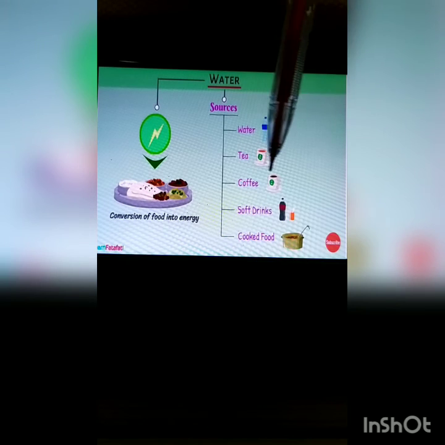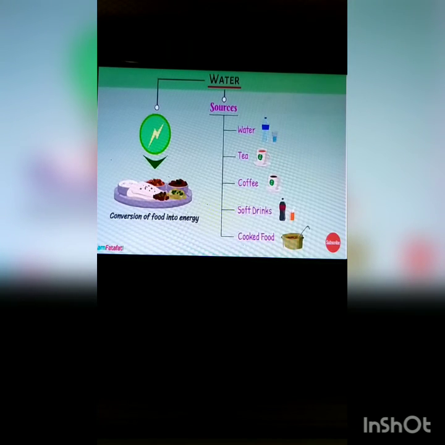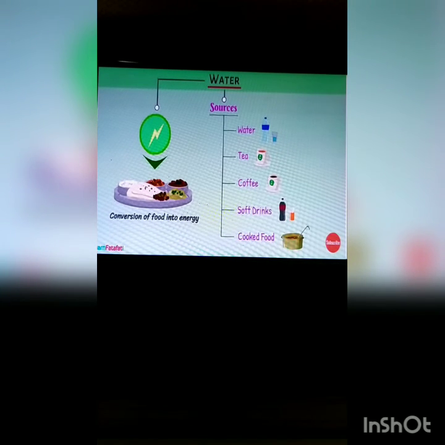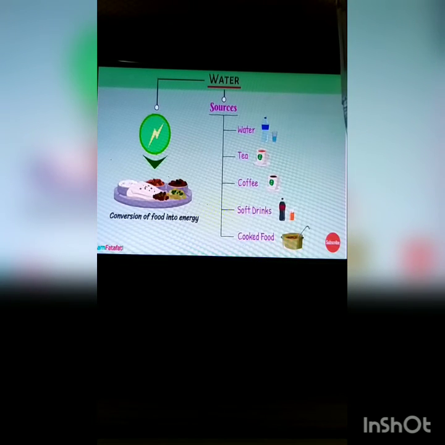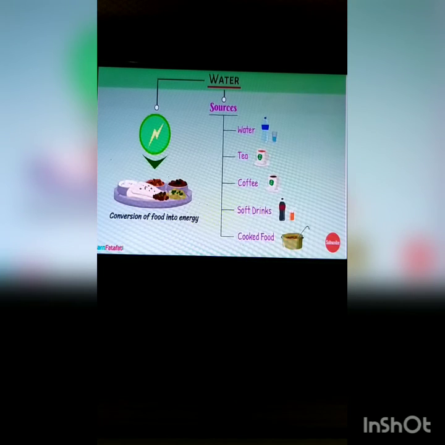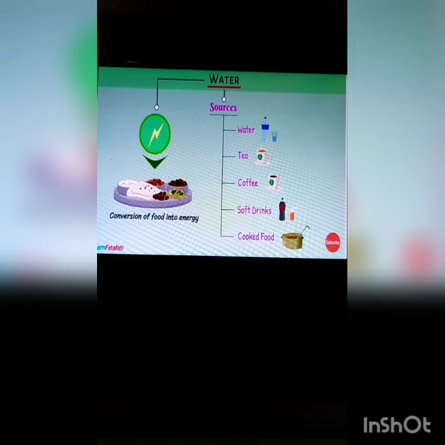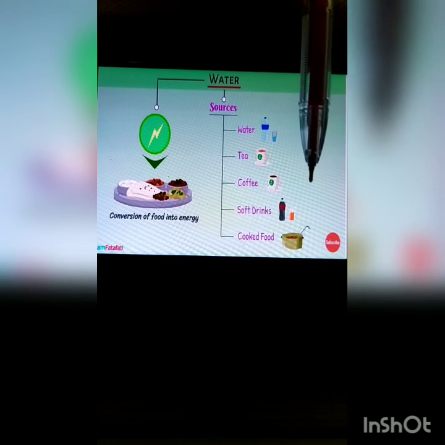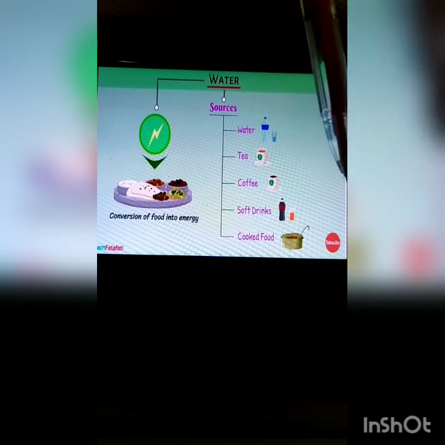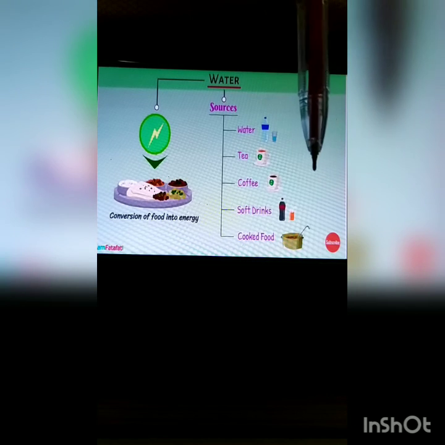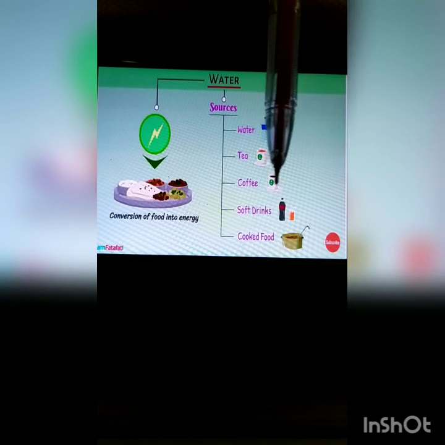There is also an activity you can do. You can take a tomato or a fruit like lemon, and find out whether these food items contain water. You can cut it into small pieces, and see whether your hands get wet while doing so. So we see that many food materials themselves contain water.